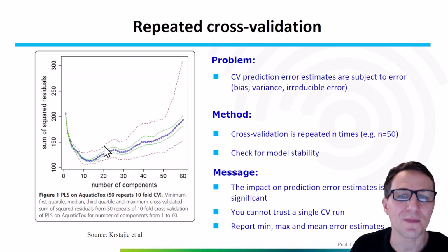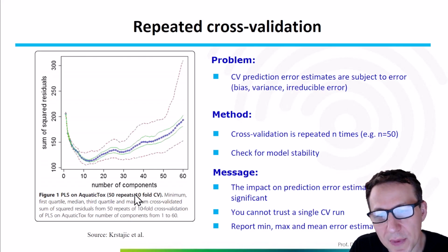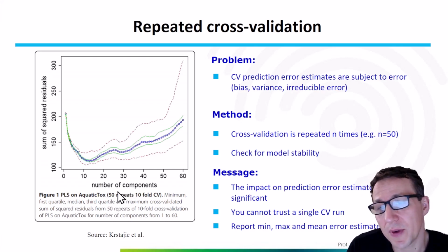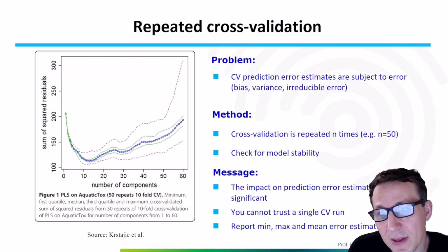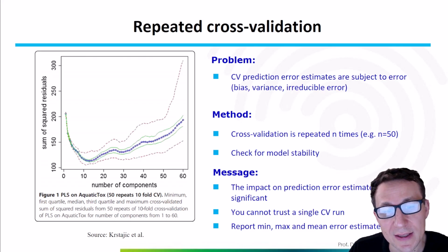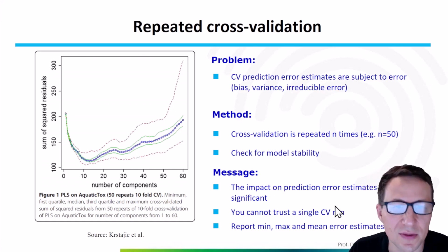So therefore, when you do cross-validation in order to estimate the performance, you should do it several times. Let's say at minimum 20 times, maybe up to 50 times. And then average over these cross-validation runs. This would then give you a much better performance estimate. You essentially cannot trust a single cross-validation run. You should really do this several times.